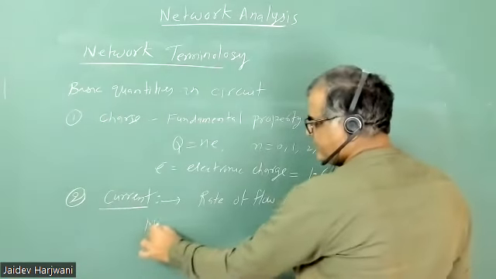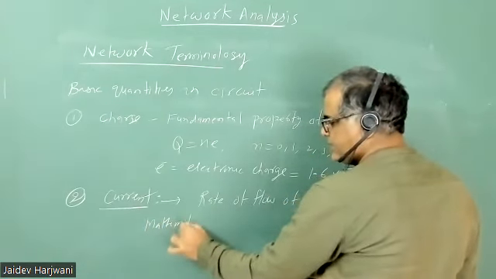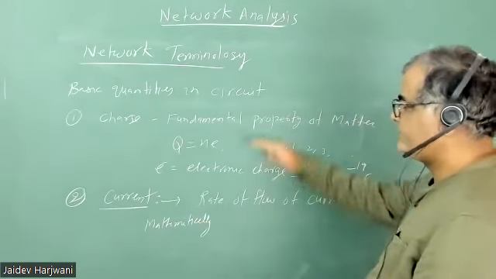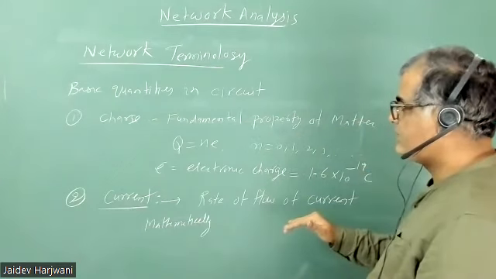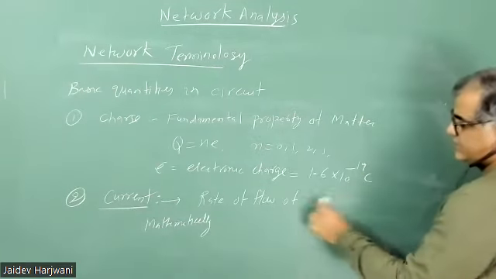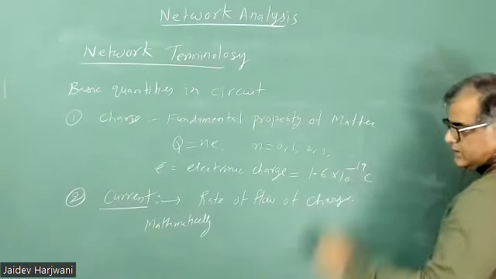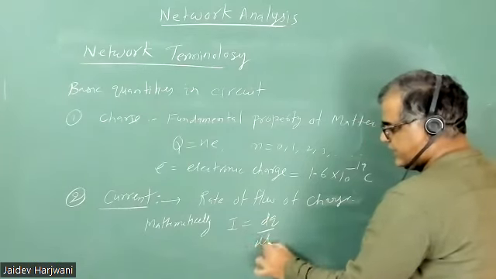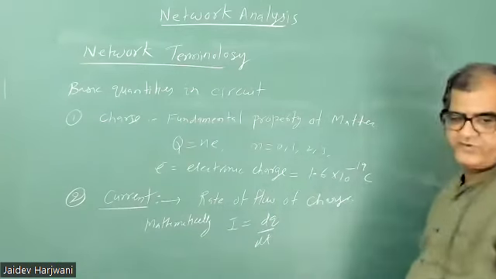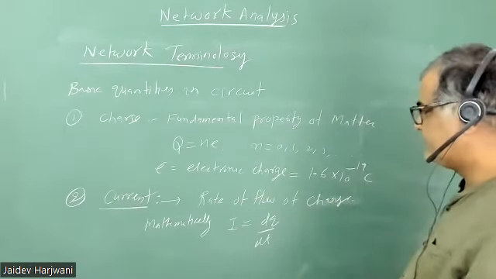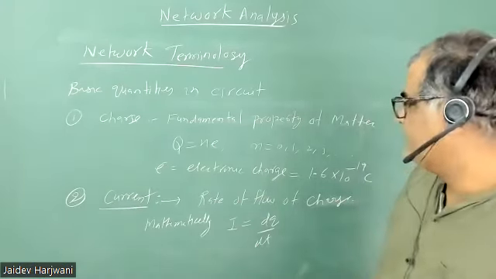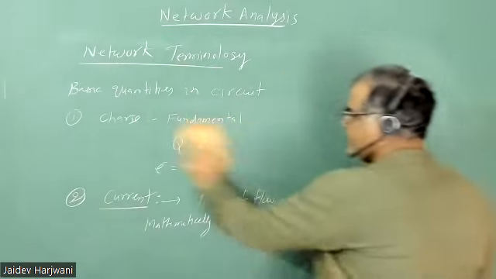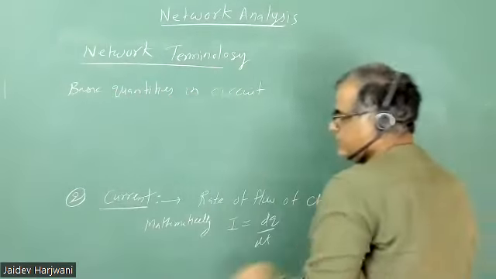Mathematically, if I write current as I, it is dq upon dt. So mathematically, this is the definition of current.